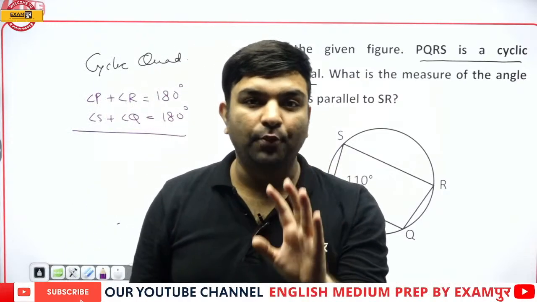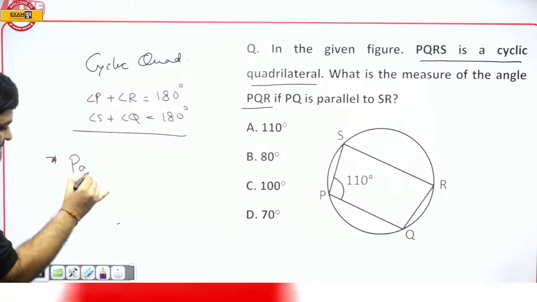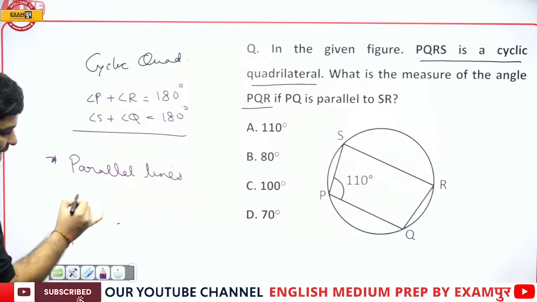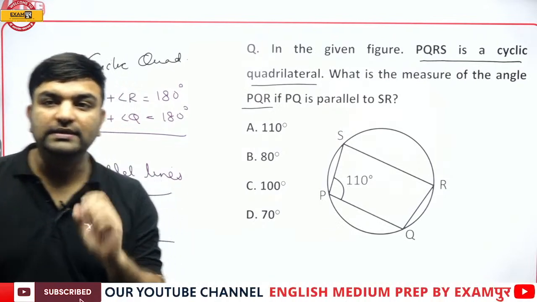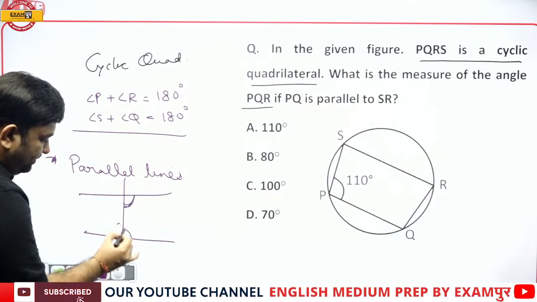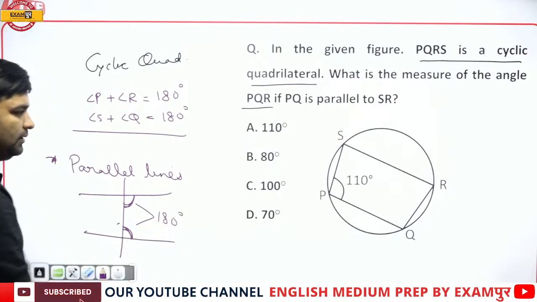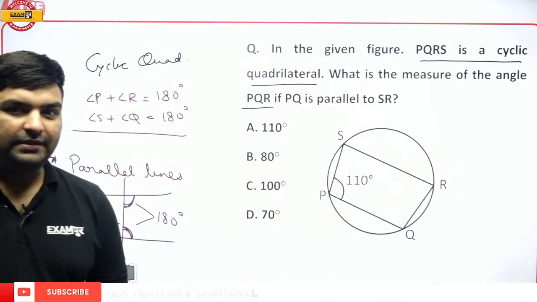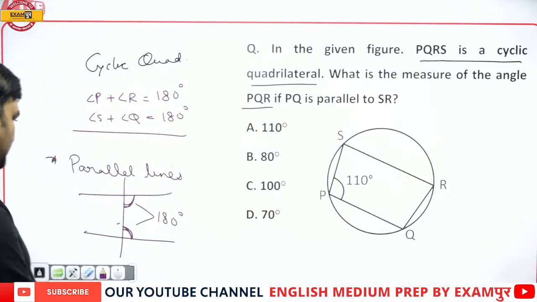And another is the property of parallel lines. What do parallel lines say? If two lines are parallel, then the sum of adjacent angles is equal to 180 degrees.